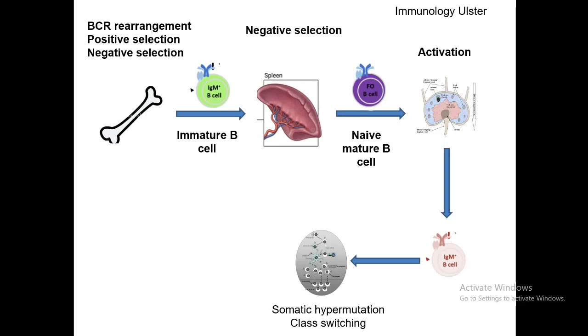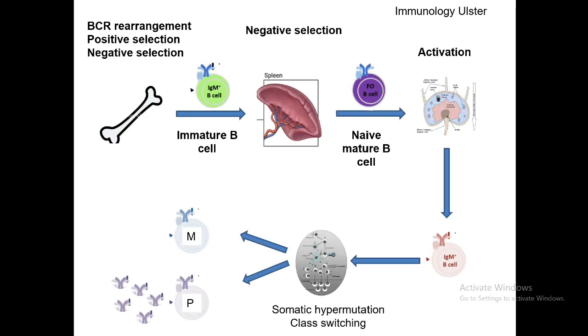And at the end of that process, it will then class switch to the antibody of choice, i.e. IgA, IgG or IgE. And at the end of that process, it can either become a memory cell, which means that if we encounter this pathogen again, these memory cells will kick into action rapidly, enabling us to have a very rapid adaptive response a second after the first infection.